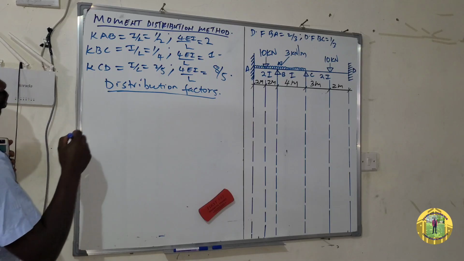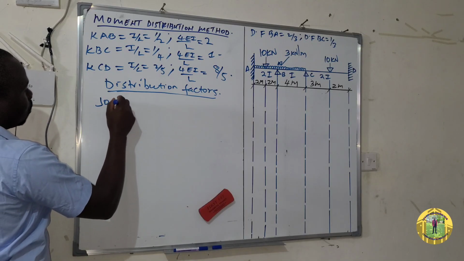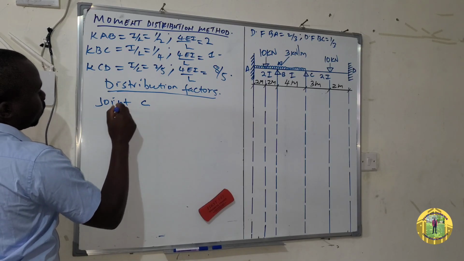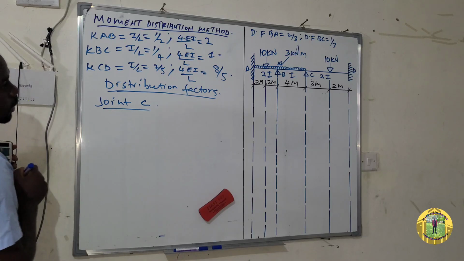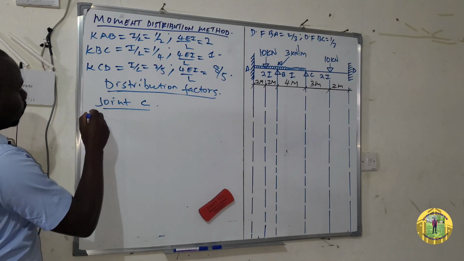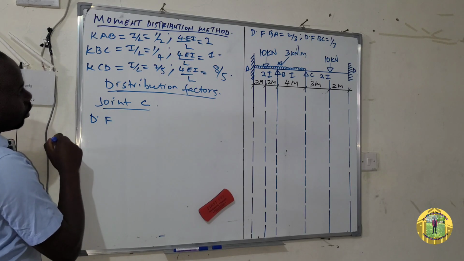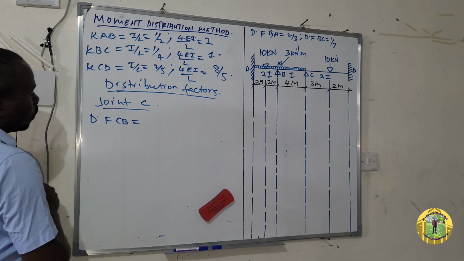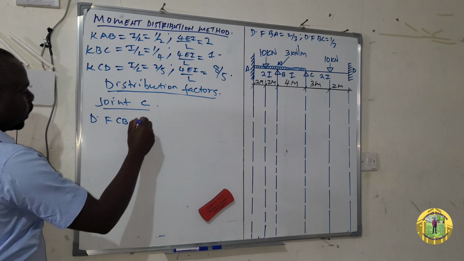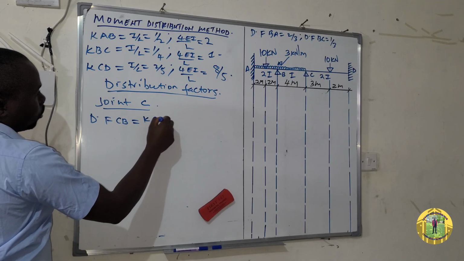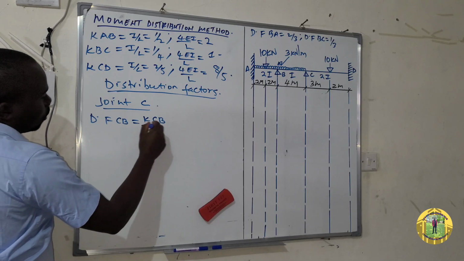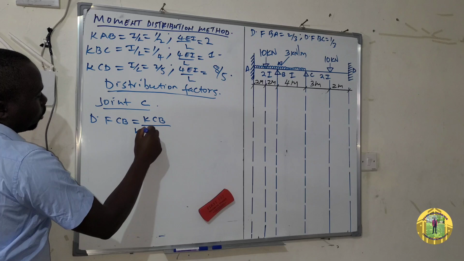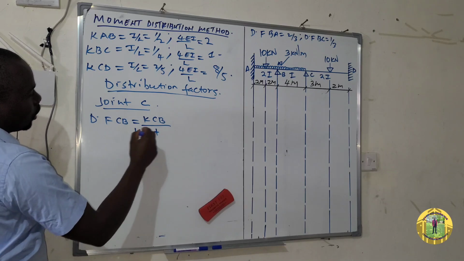So we proceed to joint C. For C, we have DFCB, which will be given by this formula: KCB all over KCB plus KCD.